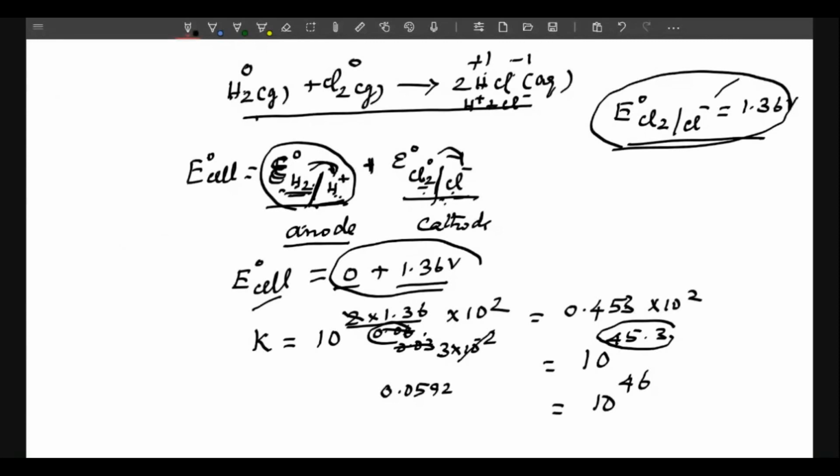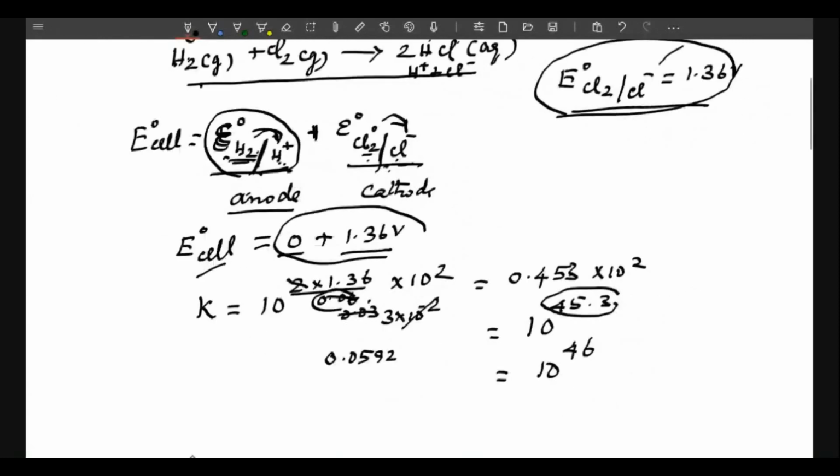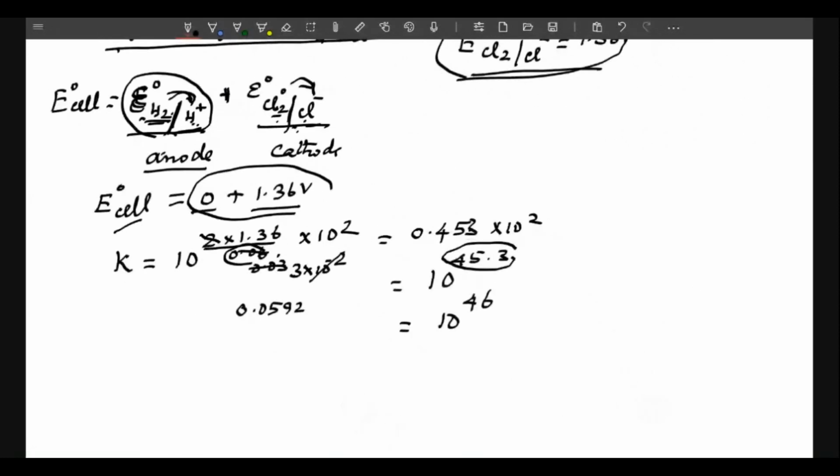Okay? Sir, E cell is equal to E anode minus E cathode. Yeah, that is another formula. They may give it as E naught of oxidation potential of anode minus oxidation potential of cathode.